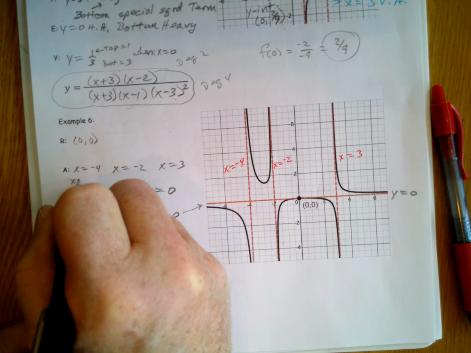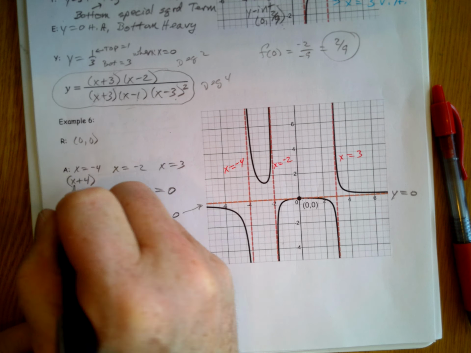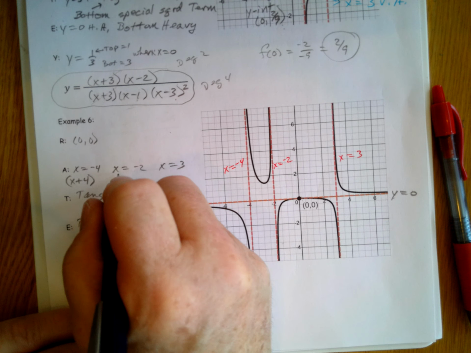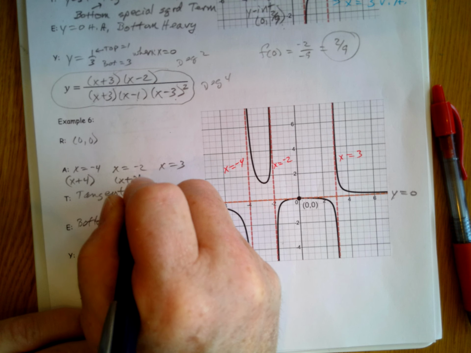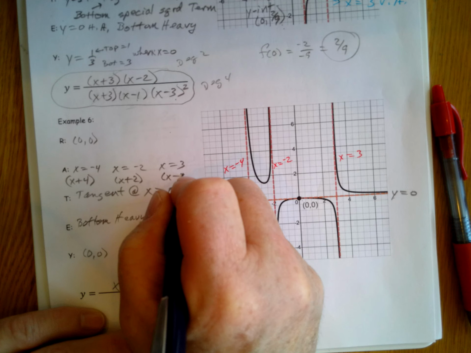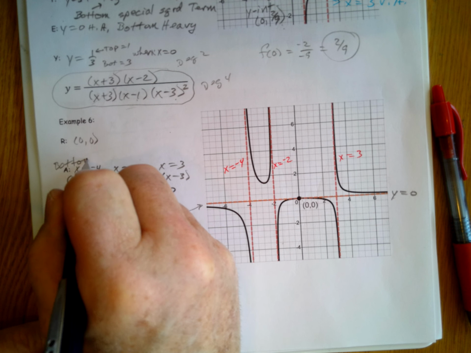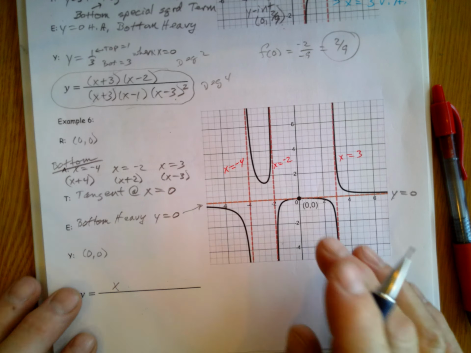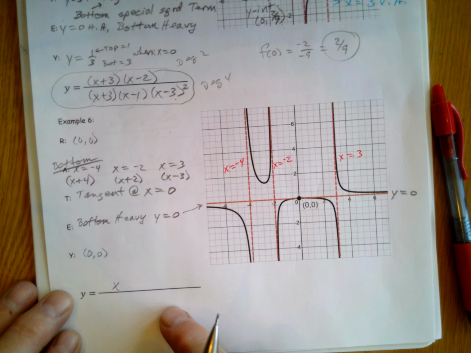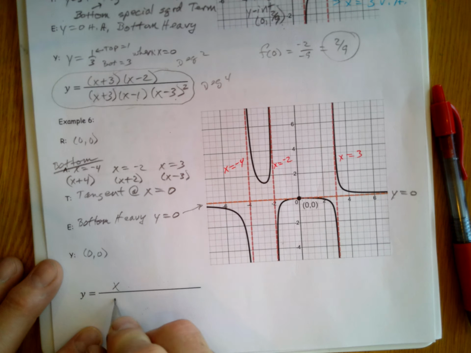This is going to be the factor x plus 2. And this is going to be the factor x minus 3. And these are all in the bottom. One of the reasons I like you to write these equations from the graph is they make you think about all these things. So x plus 4, there's no particular order here. X plus 2 and x minus 3.